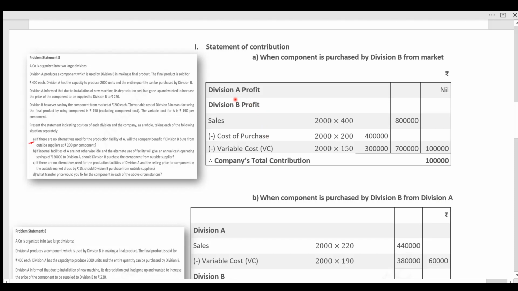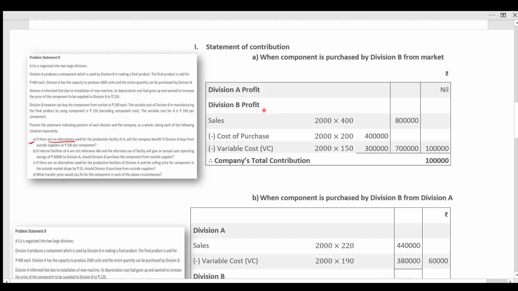Let's see the profit of division A. Here division A is not selling anything to division B. You can observe in the question very clearly that since there are no alternatives used, division A is going to just manufacture, but it is not selling outside and not selling to division B either. That's why the profit of division A will be nil.